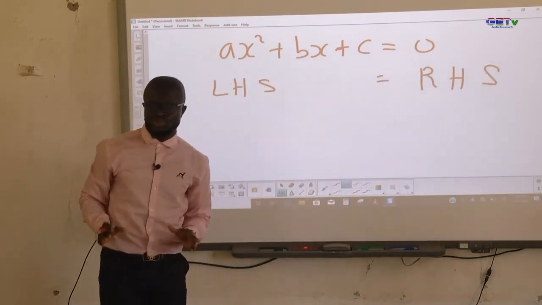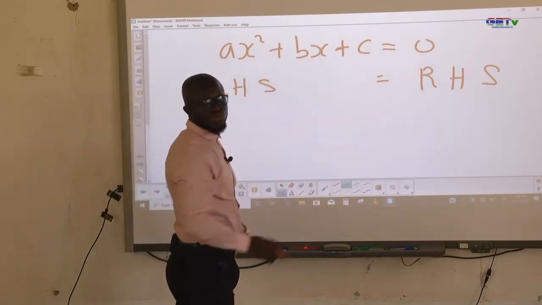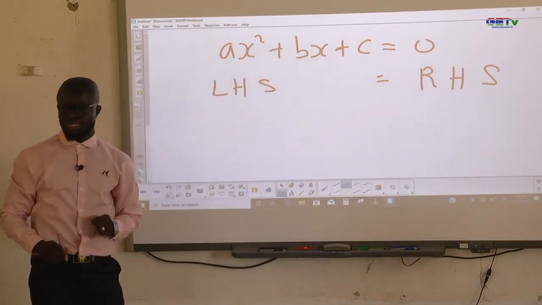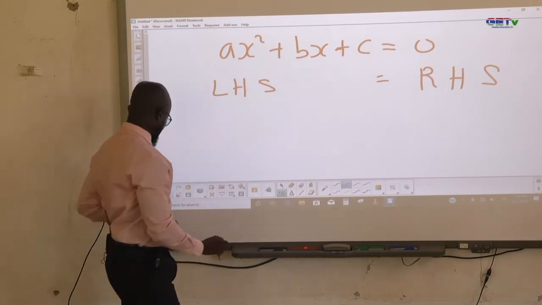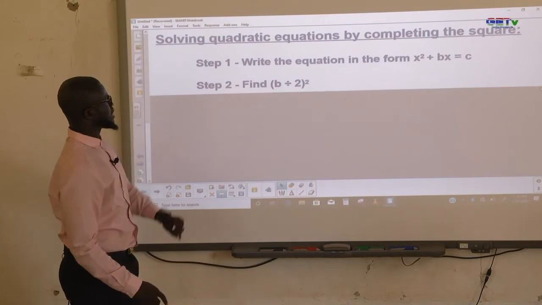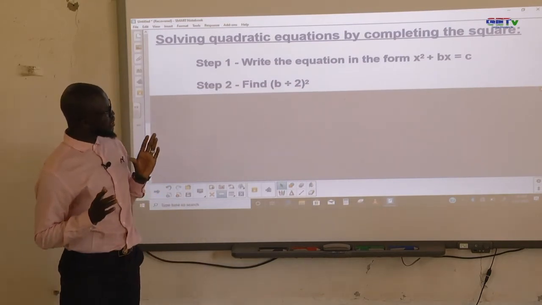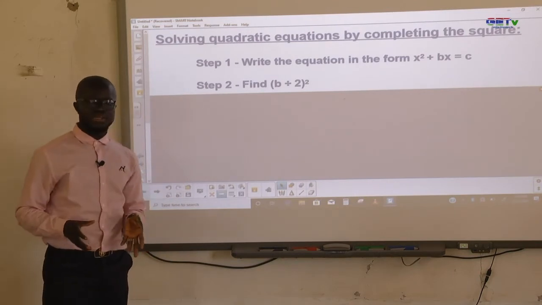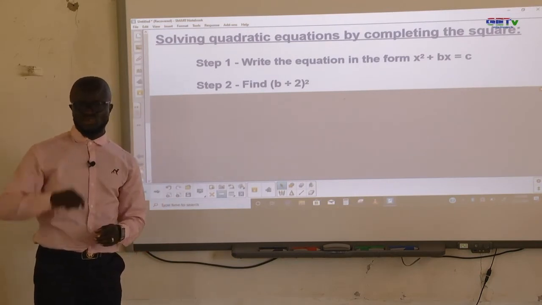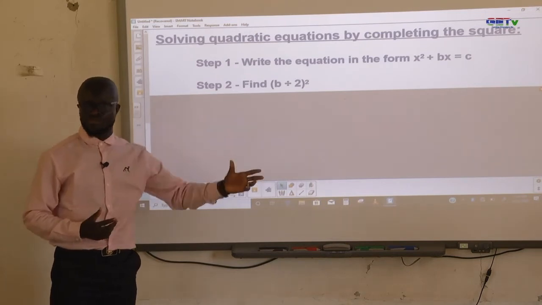So your first step should be transposing the constant to the right-hand side of the equation, and I believe you will take note of that rule. Step 2, find the value of b, divide by 2, and then square the result to help you move to the next level, which we did in the previous slides.